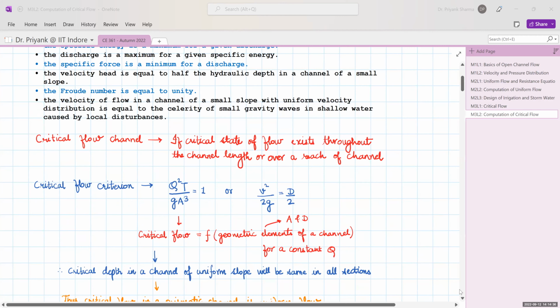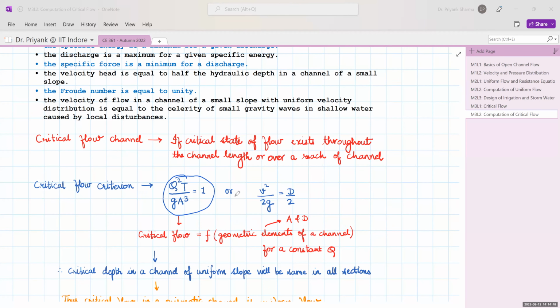In a critical flow channel, the critical state of flow exists throughout the channel length or over a reach of a channel. The critical flow criterion is known to you, that is Q squared T upon g A cubed is equal to 1, and that can be simplified to V squared by 2g is D by 2. So the velocity head is equal to half of the hydraulic depth.